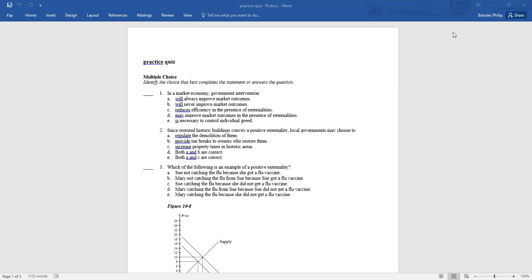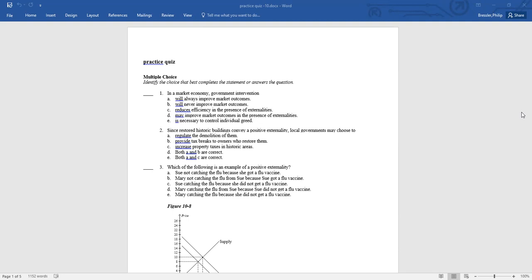Sue is the person who got the vaccine, but Mary is not affected, and she benefits by being a third party, and that's why B as in broccoli is the right answer. Sue catching the flu because she did not get the vaccine, well, that's not a positive externality. Mary catching the flu from Sue, again, no positive externality there.